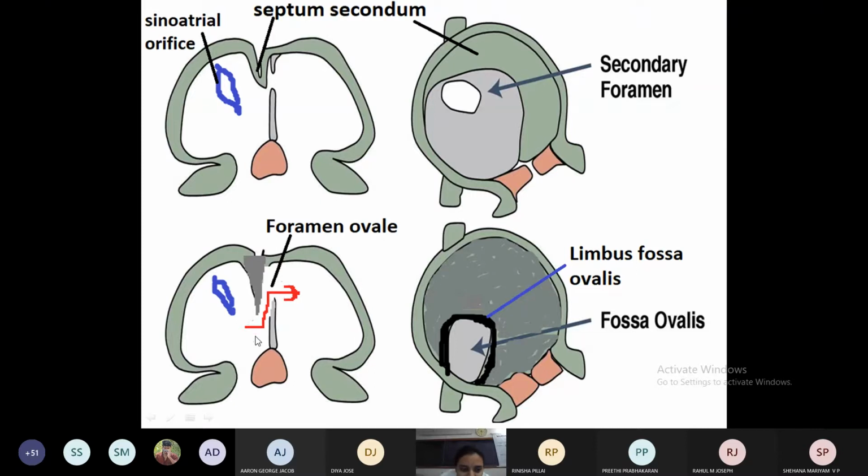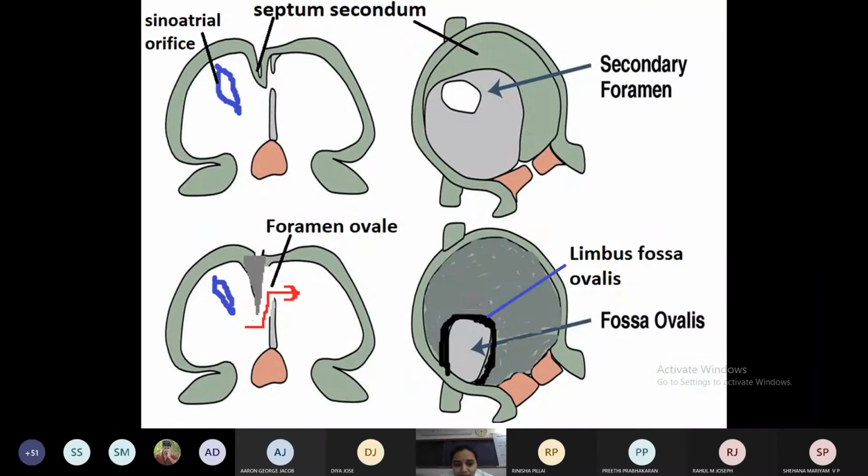If we view the septum secundum and septum primum from this side, we can see this is the septum secundum, the darker gray. Then the black line is the limbus fossa ovalis, which is the margin of the septum secundum, and this is the fossa ovalis, which is the septum primum. This is called the foramen ovale. It's a flap-like valve which allows flow of blood from right to left.